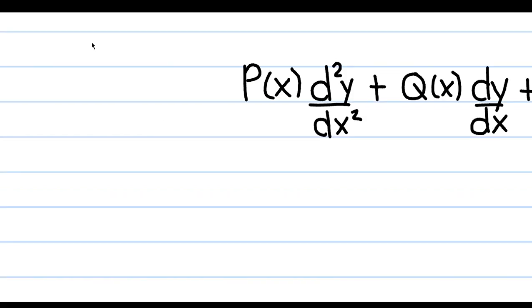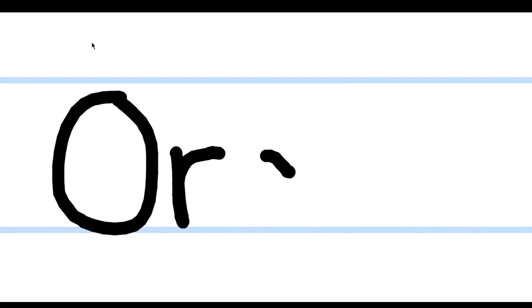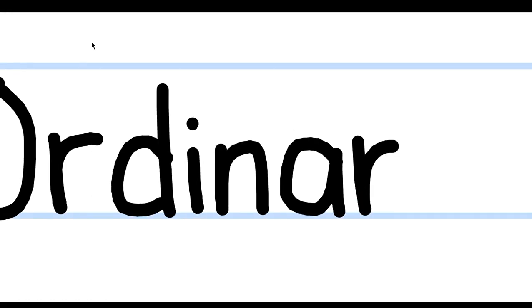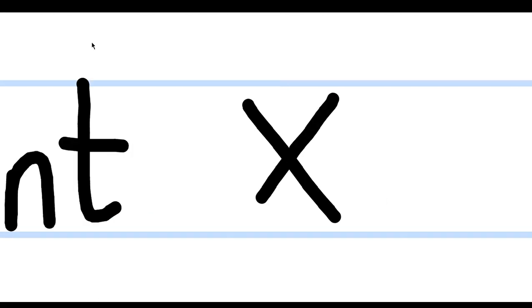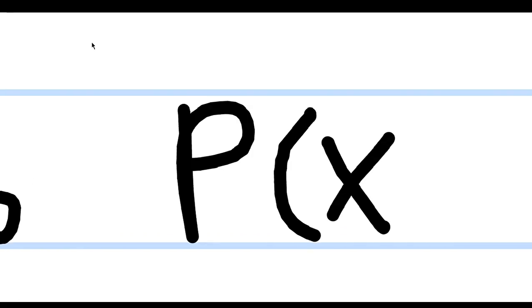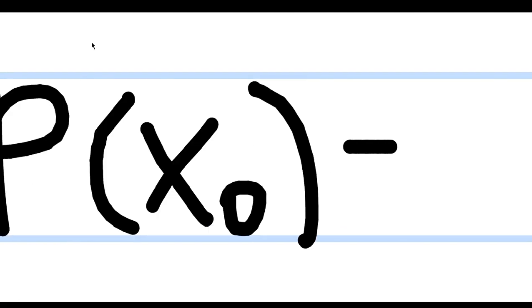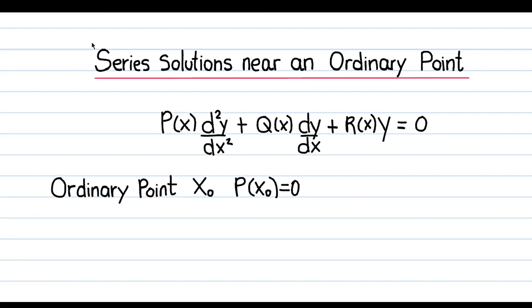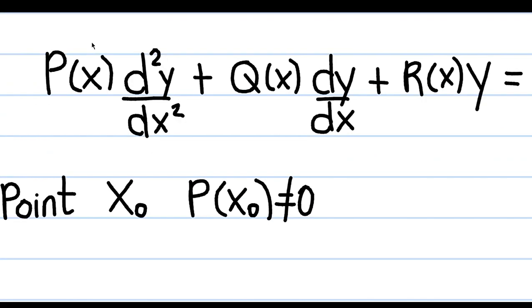an ordinary point is a point, let x sub 0, such that p of x sub 0 is different from 0.